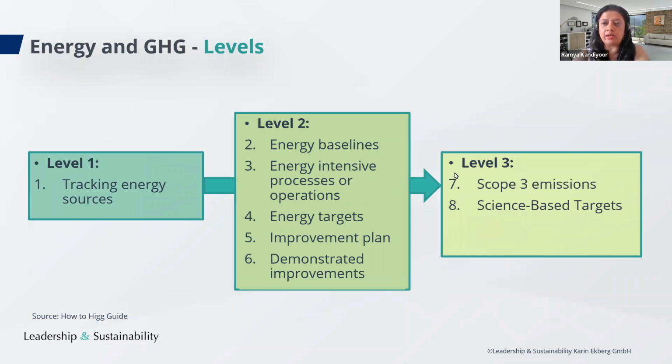Downstream activities are all of the activities which are after the production has happened, when you are shipping your production to the different areas where you have to deliver the goods.